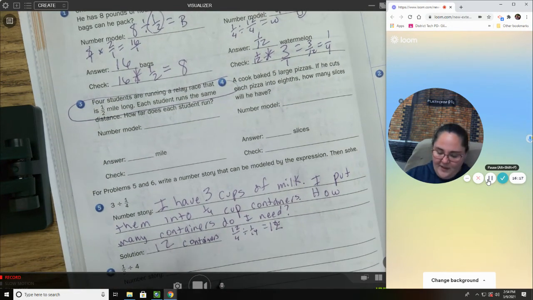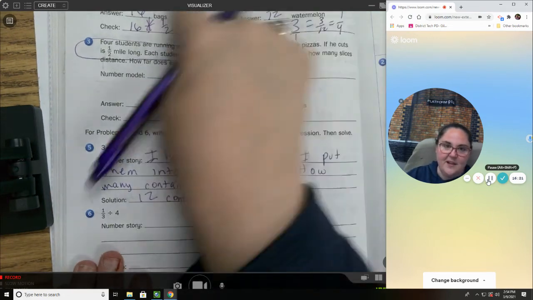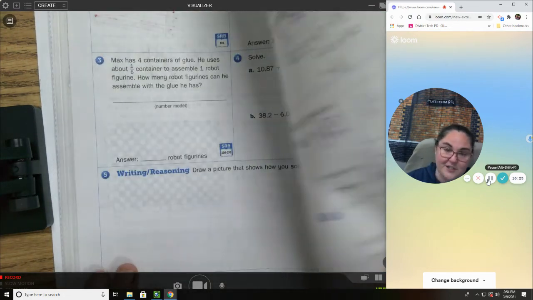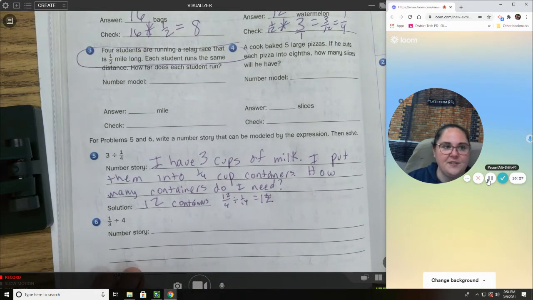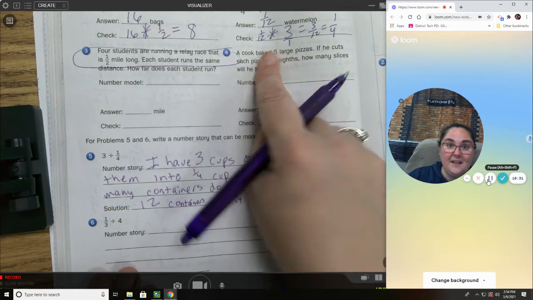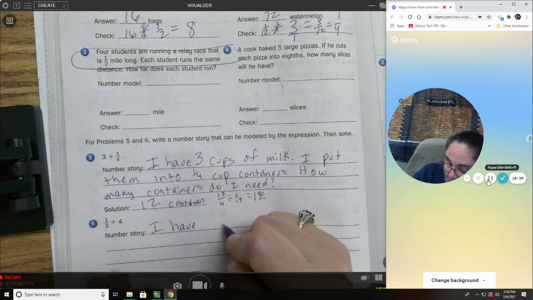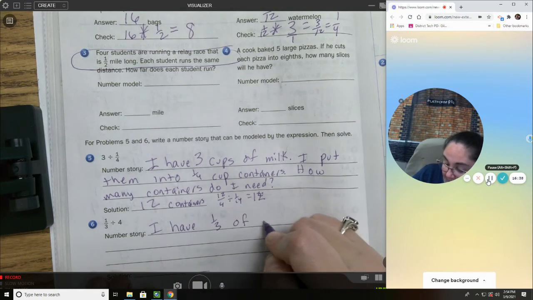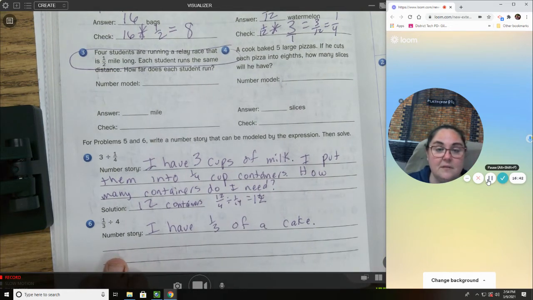Also, by the way, 1/3 divided by 4 is going to be very close to some of the other questions between this and the other page that we just did. Okay. 1/3. So earlier we said we have like 1/4 of a watermelon. So maybe I have 1/3 of something. I have 1/3 of a cake. I know I can split food into pieces, right?